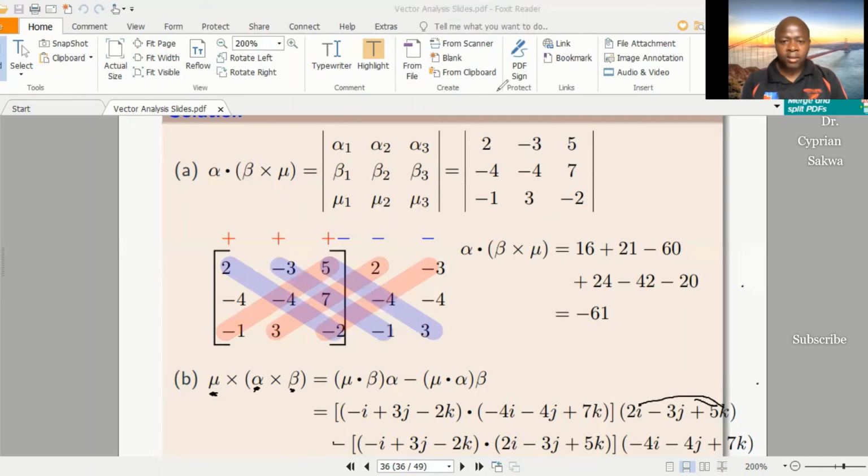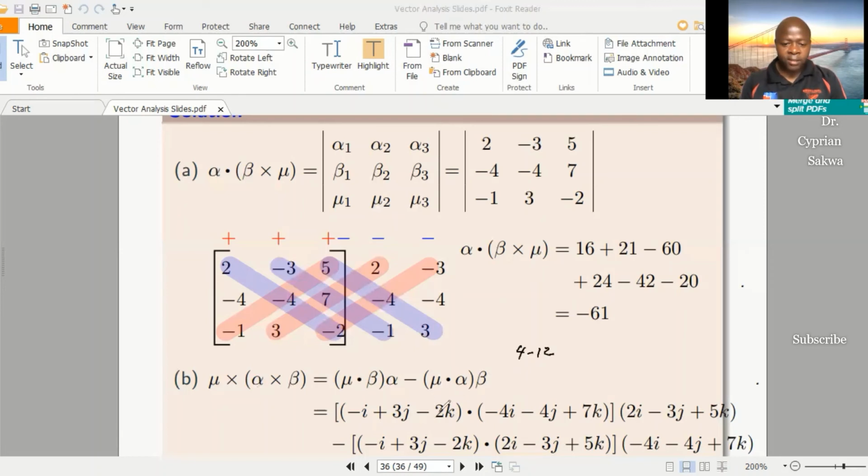So let's just do that. The dot product: I have negative 1 times negative 4, which gives me 4. I have 3 times negative 4, which gives me negative 12.